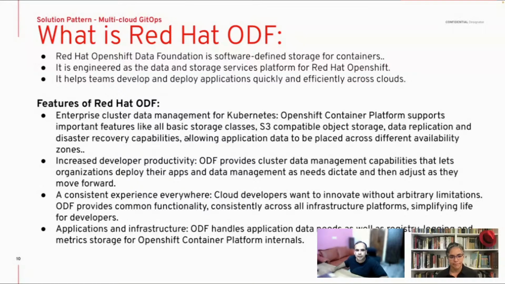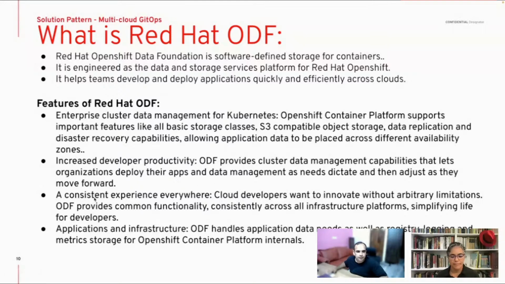We can store objects, do data replication, and have disaster recovery capabilities with ODF. It also increases developer productivity. It provides data management capabilities so that a developer can provision the storage on the fly by creating a persistent volume claim.